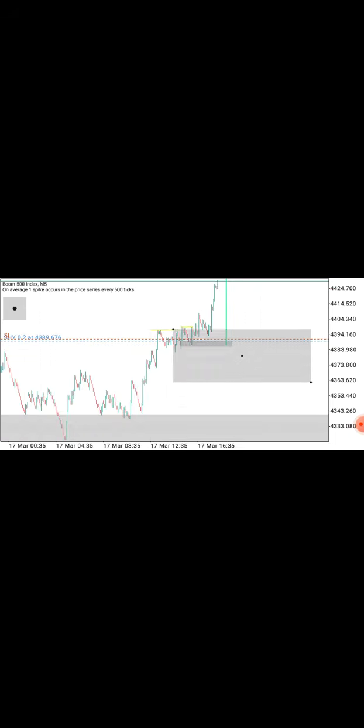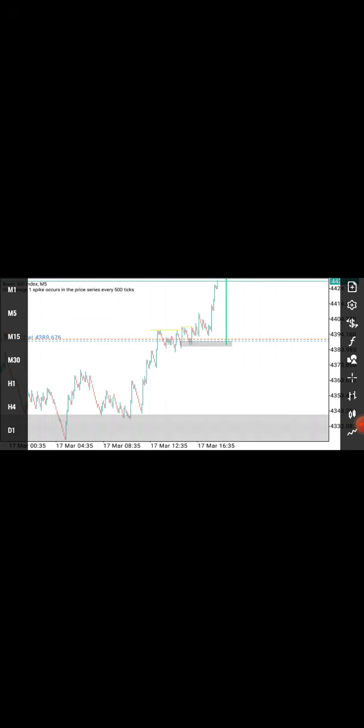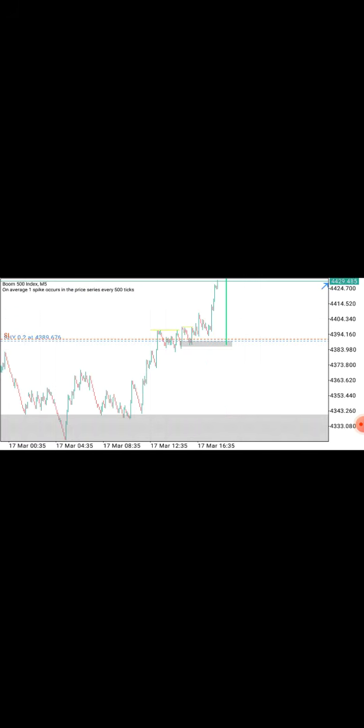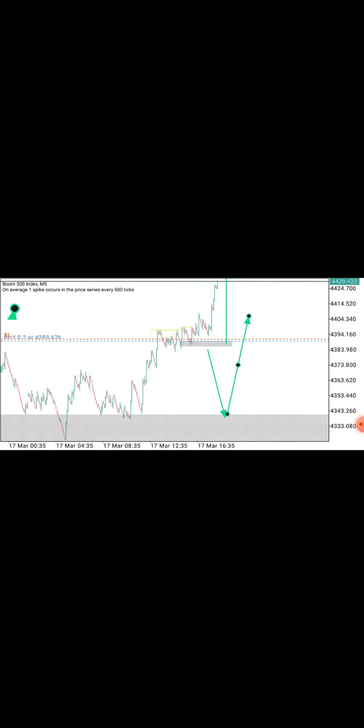So I thought that if it doesn't respect my order block, the market was going to come down and return from here. But then fortunately it did.